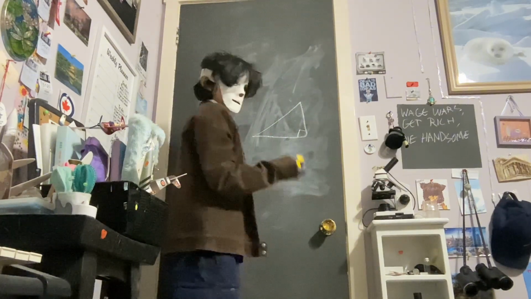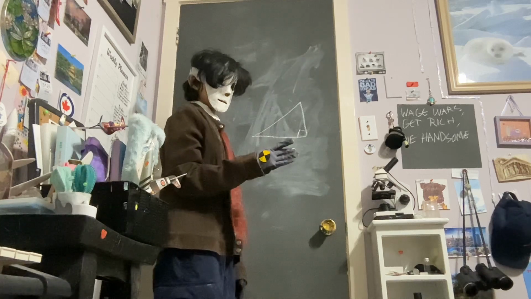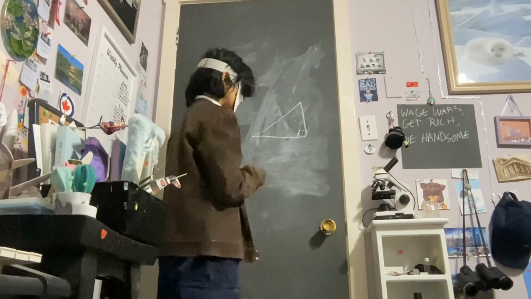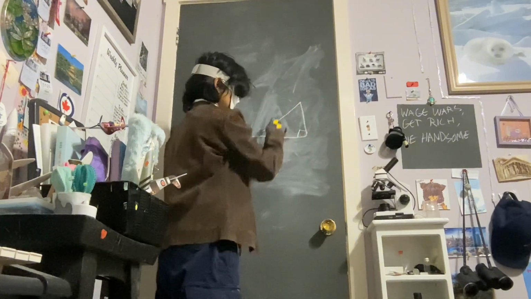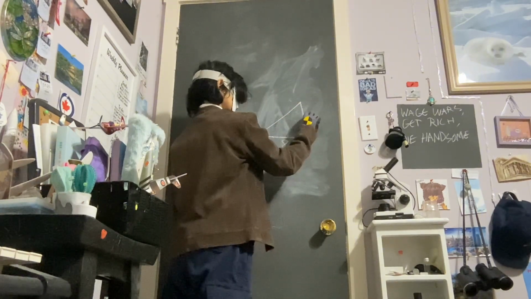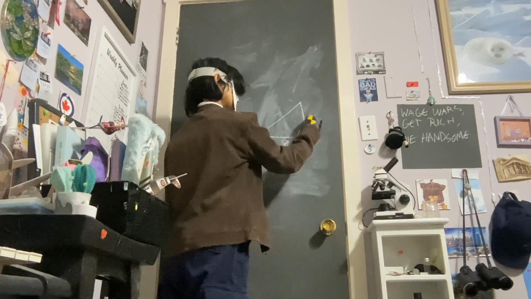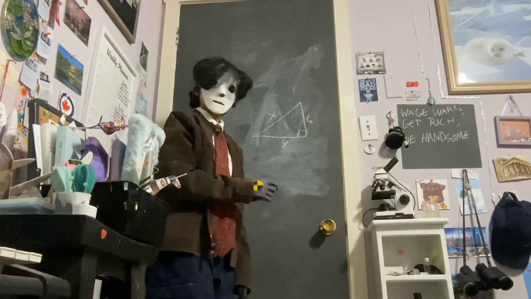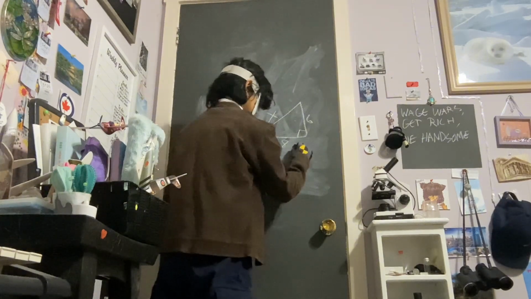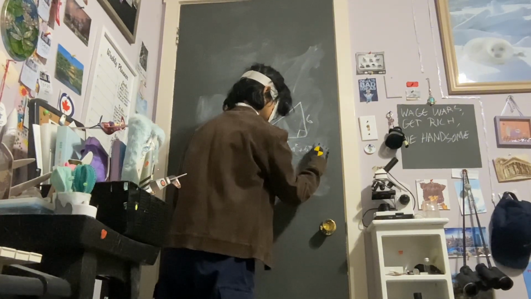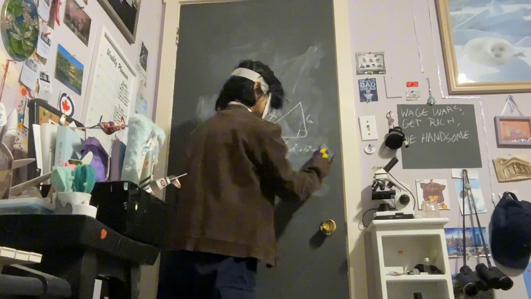Have you heard of a squared plus b squared equals c squared? That is how you find a missing length. So let's say this is 8, this is 6, and this is X. The formula is a squared plus b squared equals c squared.